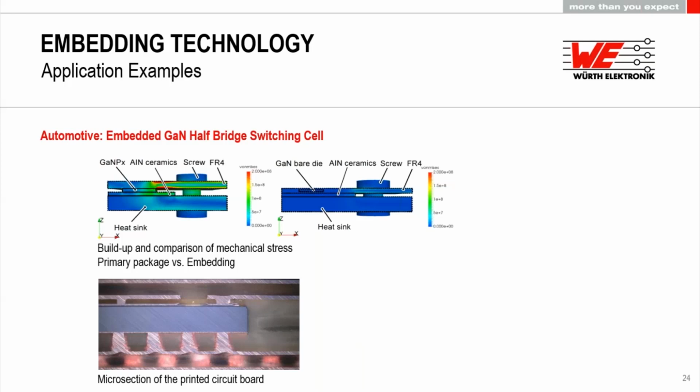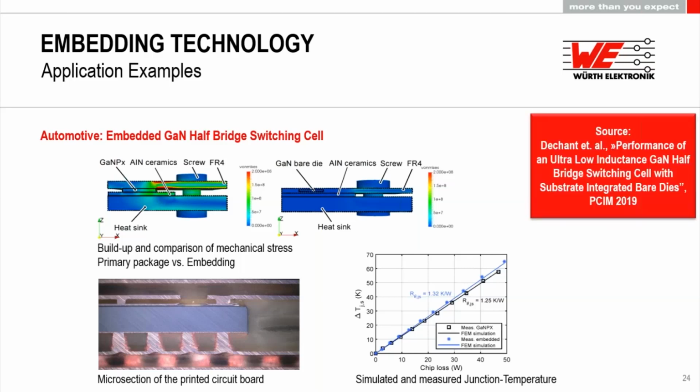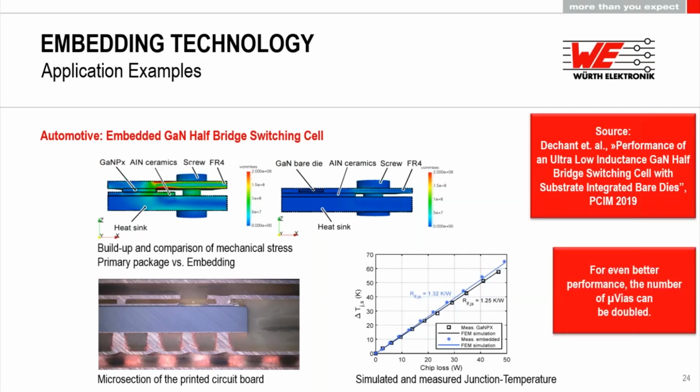What they did, for example, is they compared the embedded build-up with a surface mount build-up, and we are checking, for example, the junction temperatures and how these behave. You can already see in the simulation that we have a much more uniform heat distribution, and the performance is really good. What was interesting is that we didn't fully go to what the technology is capable of, so we could even create a much better performance.